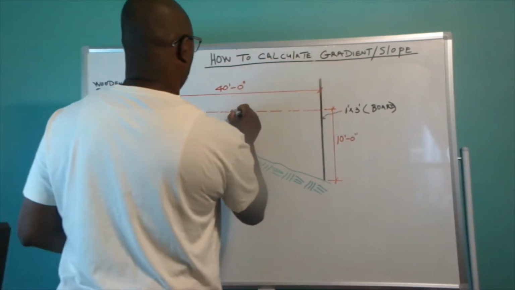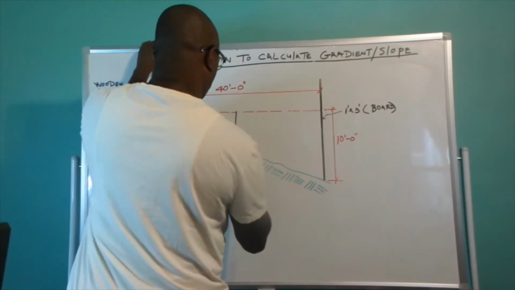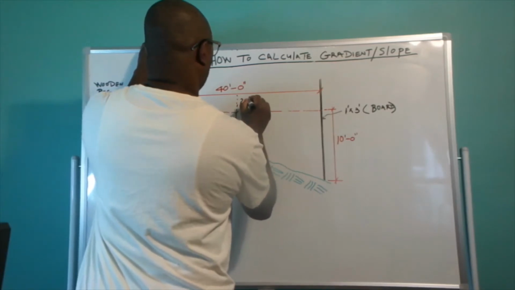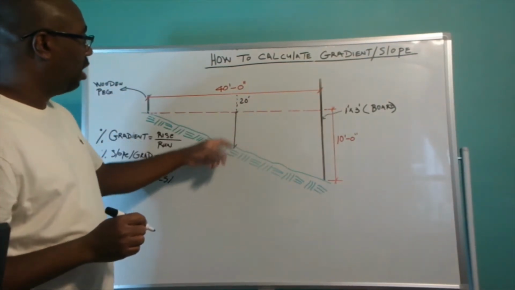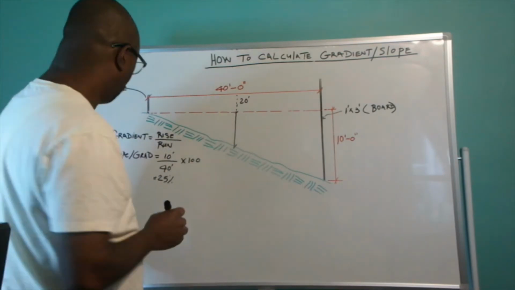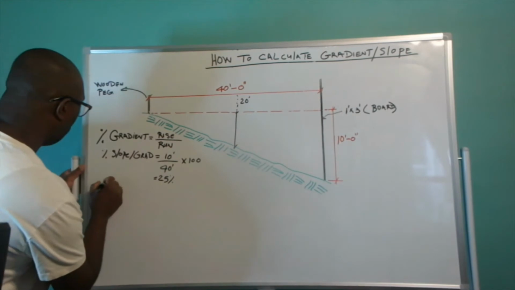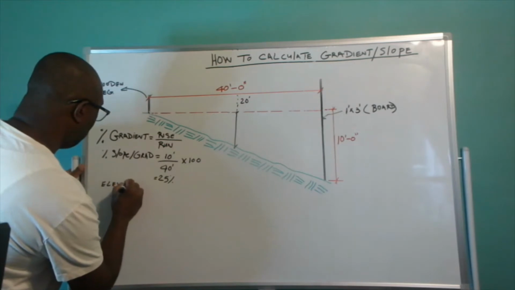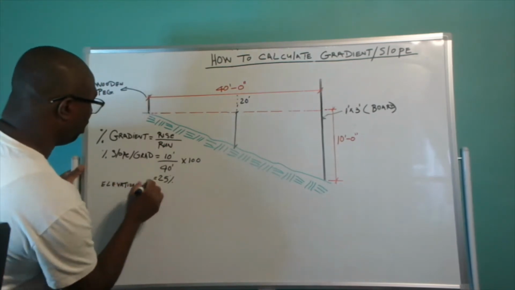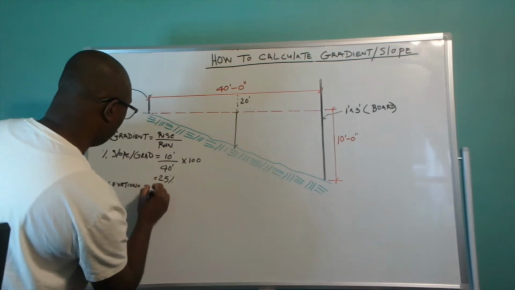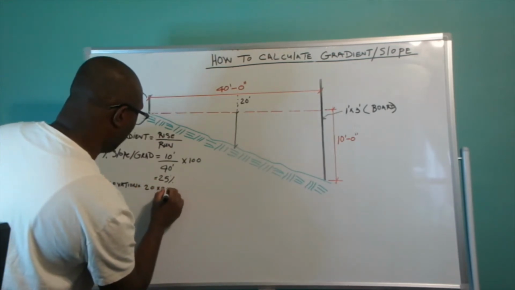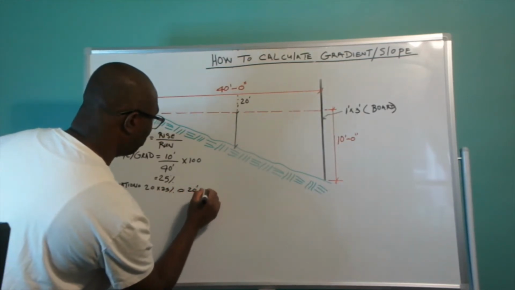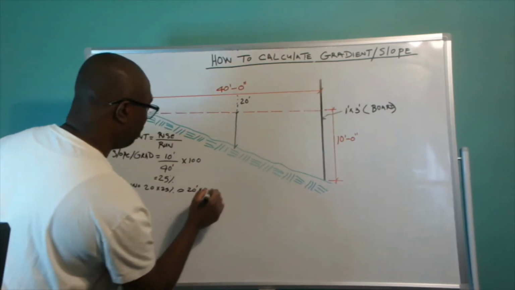So let's say for argument's sake we want to find out at the halfway point here, 20 feet. So we want to calculate the height or the elevation at 20 feet. So the elevation is going to equal 20 feet times 25%, and this equals 20 feet times 0.25, right?